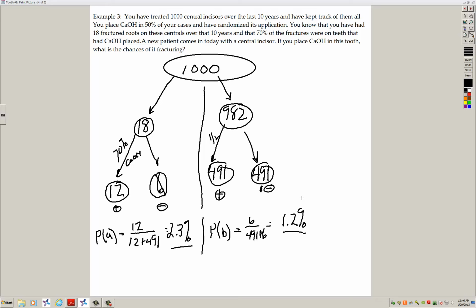So now we know the probability of a tooth fracturing without calcium hydroxide and with calcium hydroxide.